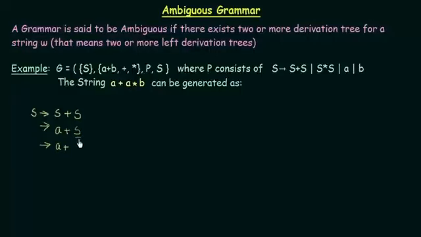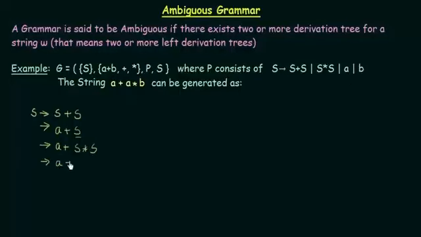For that, let me expand this S using the production rule which says S gives S into S. So this S will be expanded as S into S. Now I will replace this S by a because S gives a and I need a in my string.